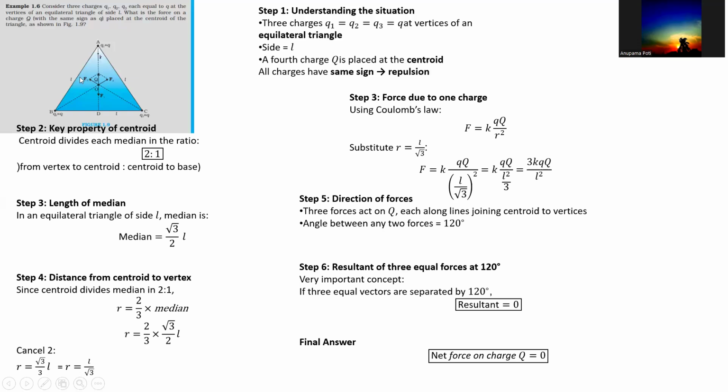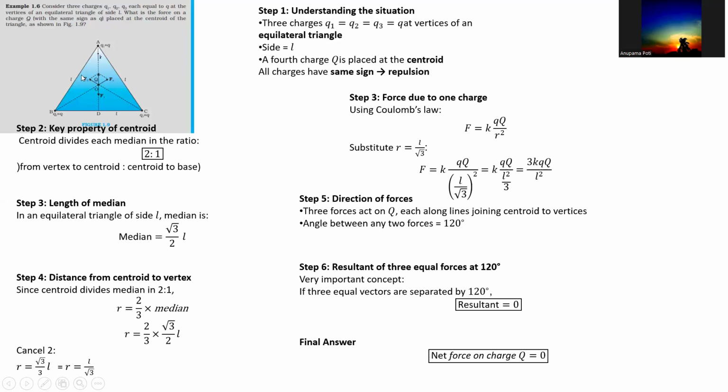Now, first we will find the resultant of F1 and F2. In the equilateral triangle, when two forces are equal and the angle between them is 120 degree, the resultant remains the same as that force. We can prove this using the triangle law, or the resultant force F equals the square root of F1 square plus F2 square plus 2 F1 F2 cos theta. Here theta becomes 120.